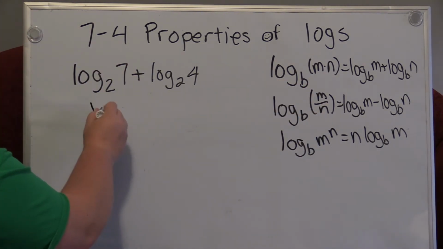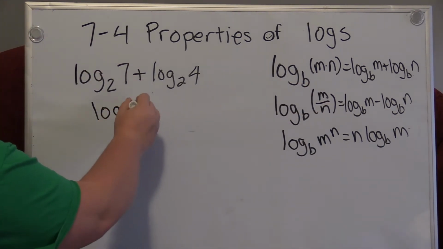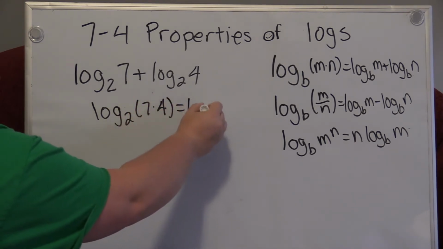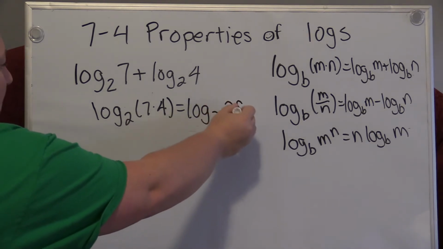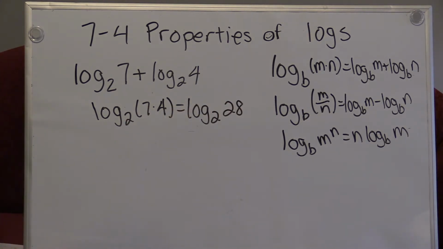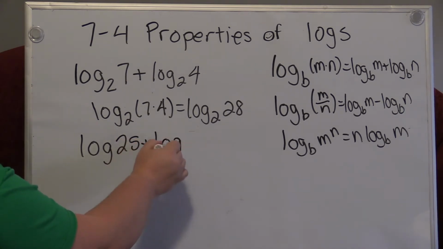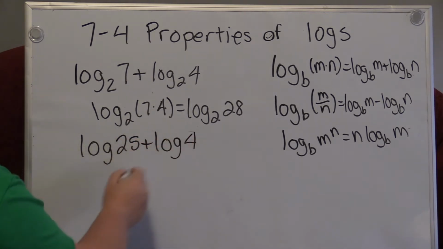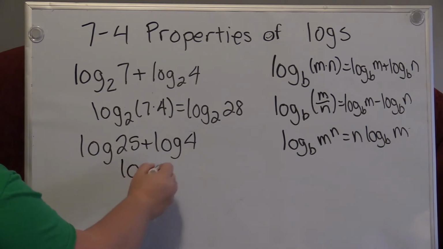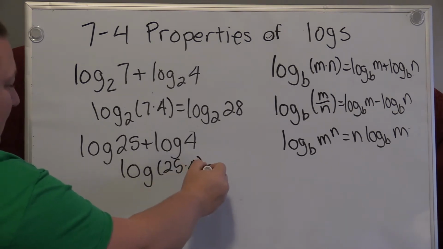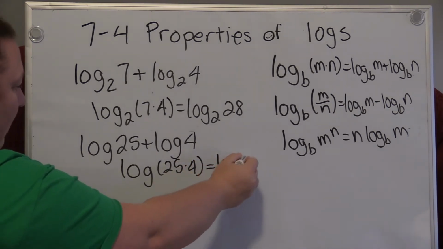So this becomes the log base 2 of 7 times 4, or simply the log base 2 of 28. Next we have the log of 25 plus the log of 4. Gives me the log of 25 times 4, or simply the log of 100.